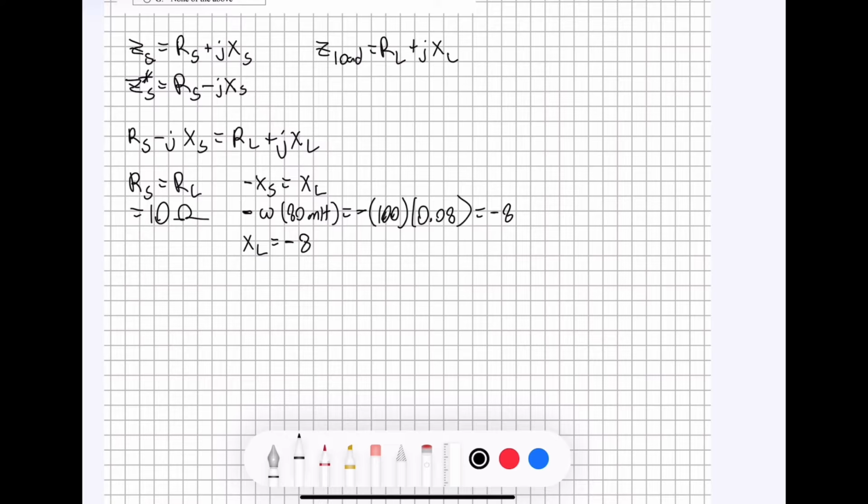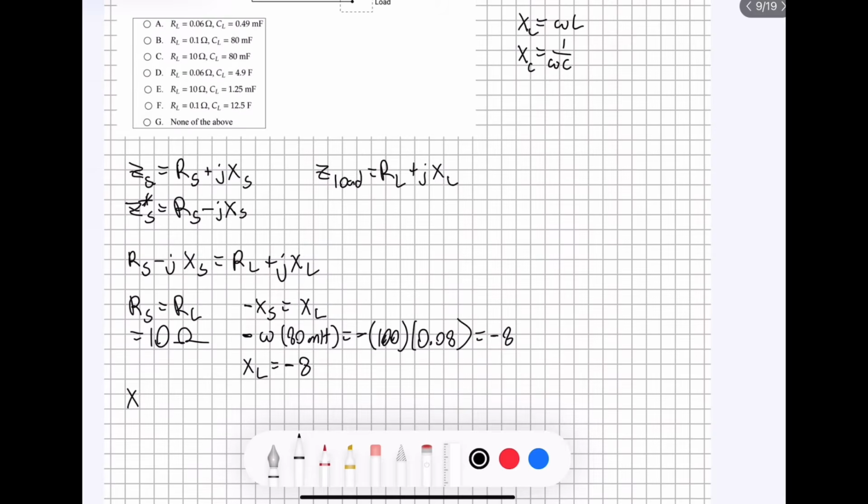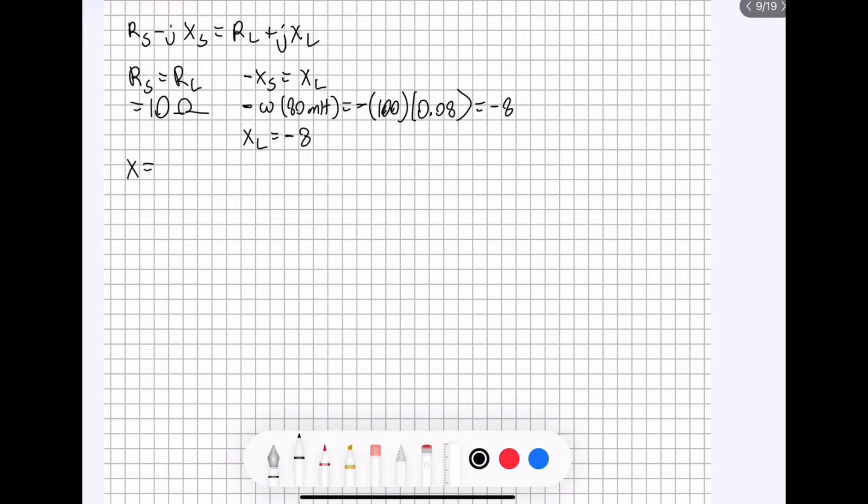If you write that all out, oh, one more step, we've got to find the capacitance. So the capacitance, we can find from the reactance using this equation right here for reactance of a circuit with a capacitor. So that's going to be 1 over omega C, which is equal to 1 over 100 times C, and all of that is going to be equal to negative 8, because we already know that the reactance of the load is negative 8.